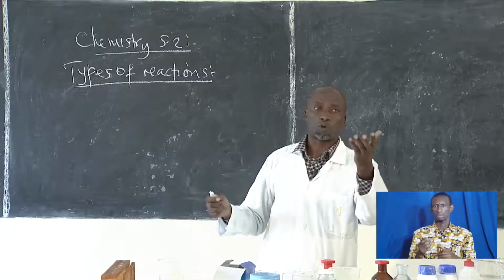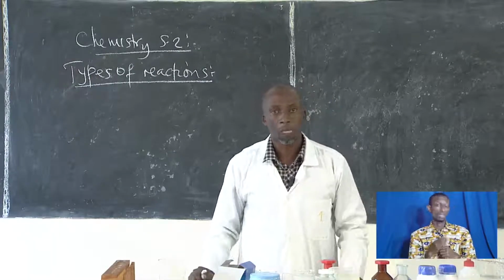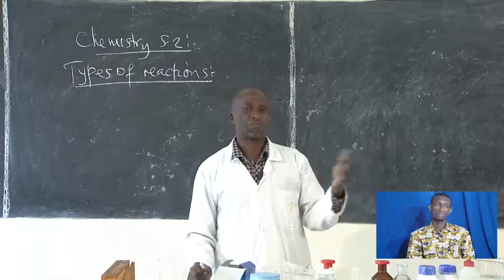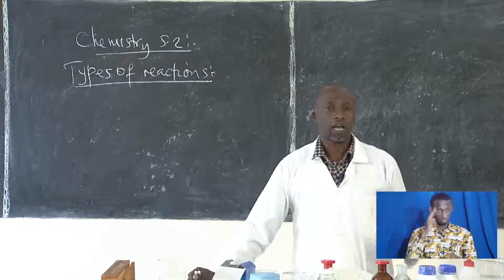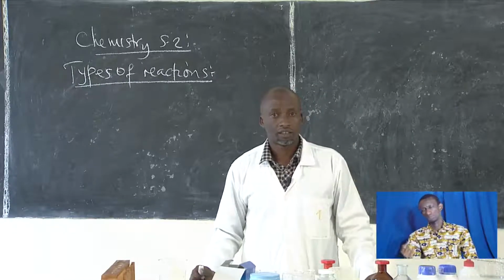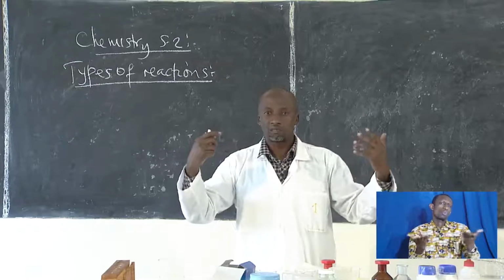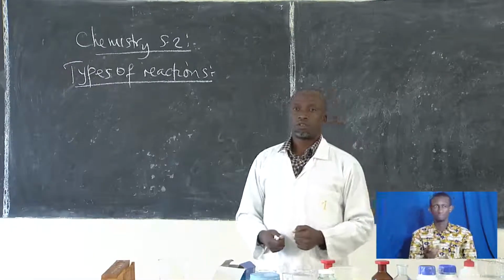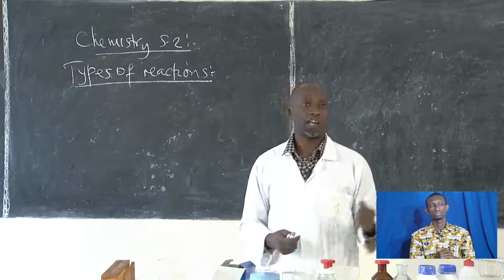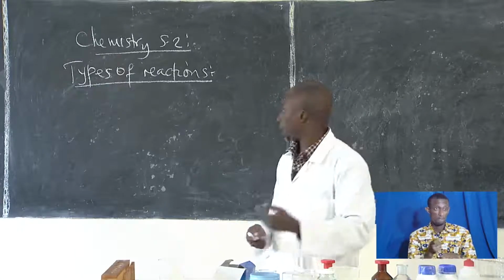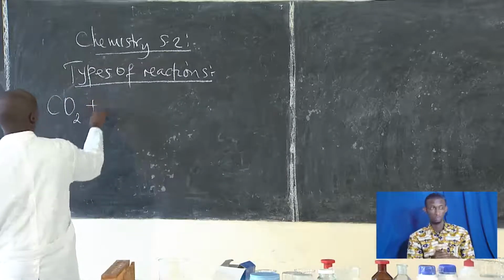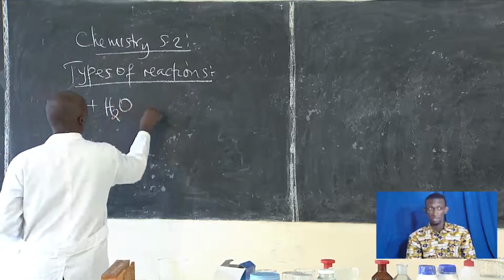Well, these chemical processes, maybe to remind you, we have what we call photosynthesis. At least by this level, I believe everybody knows what photosynthesis is. So this is where the plants make their own food from carbon dioxide and water. So you have carbon dioxide reacting with water.